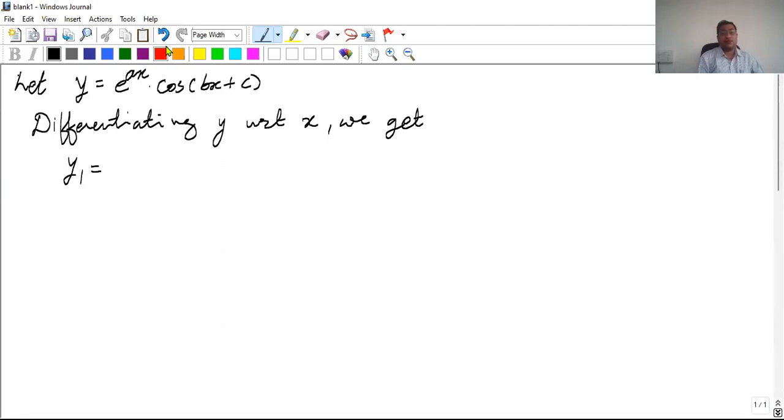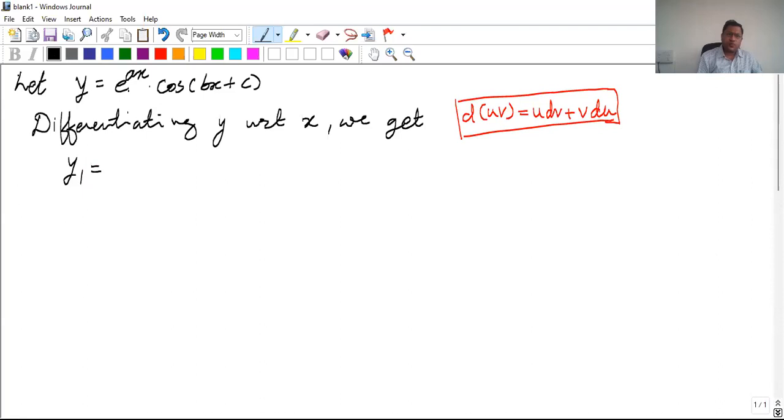Here we have to use the product rule. What is the derivative of u into v? It is u as it is times the derivative of v, plus v as it is times the derivative of u. This is the rule for the derivative of the product of two functions.